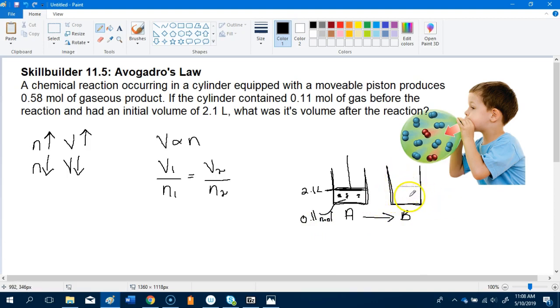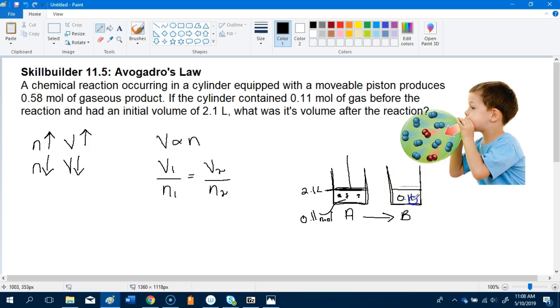You can imagine there's gas in here, but a reaction is occurring, and through that reaction we create more gas.